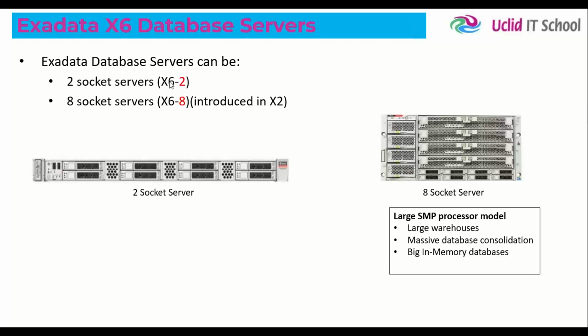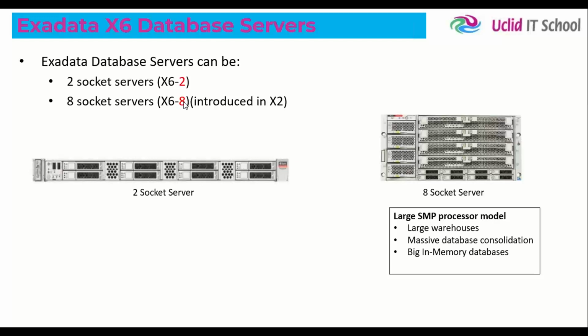Looking at this, you can tell a story. X6 means the Exadata version is X6. 2 means the database servers are 2 CPU socket servers. When you look at X6-8, you can tell this is the X6 version and the database servers are 8 socket servers.